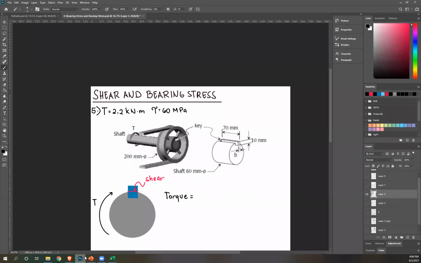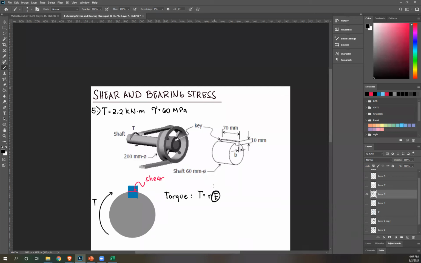Torque T equals FD or equals R times F, where R is the distance between your point of application to your axis. In the case that the one experiencing torque has a length, in this case, this is the radius of your cylinder or radius of your area multiplied by force.